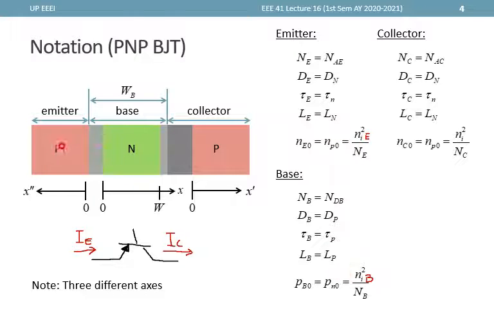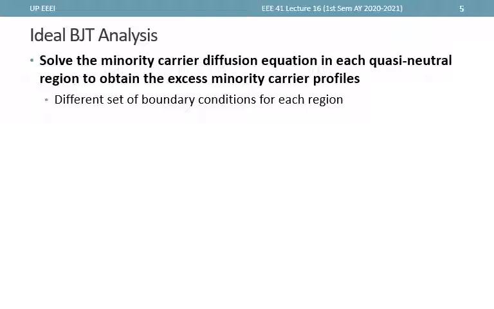But if they are composed of different materials, say in a heterojunction, then these two values might not be exactly equal. So for our ideal BJT analysis, we first solve the minority carrier diffusion equation in each quasi-neutral region. This time we have three quasi-neutral regions to obtain the excess minority carrier profiles, and we use a different set of boundary conditions for each region.